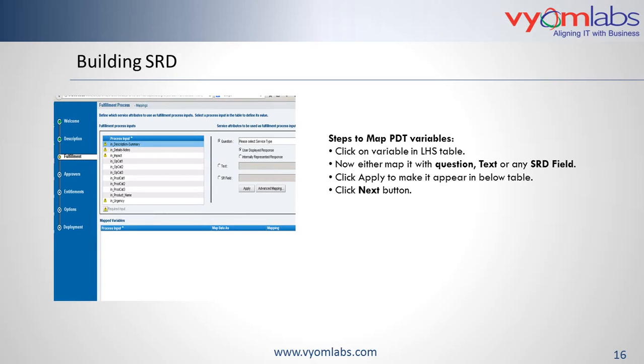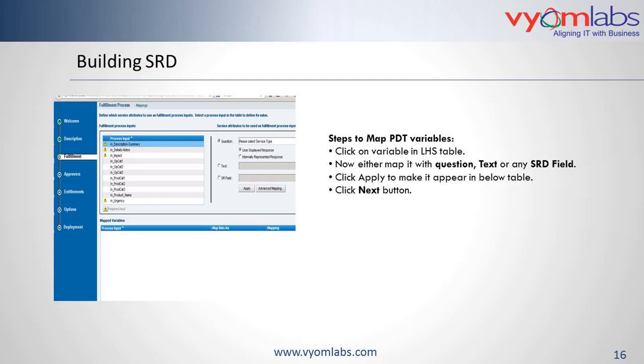Here we will move on to the section where we have to map the PDT variables with the questions. You can see we have created the questionnaire as part of the last section. Here we will see how we can map those questions with the variables from the PDT. We have to click on the variables on the left hand side.